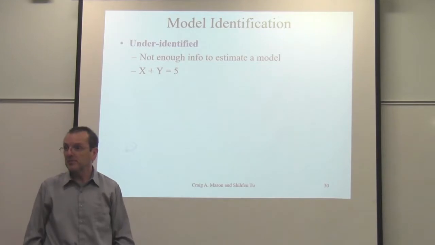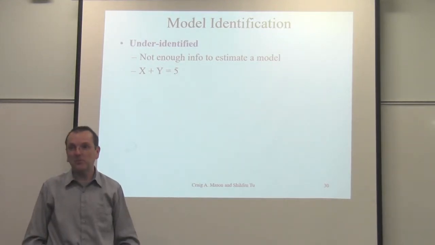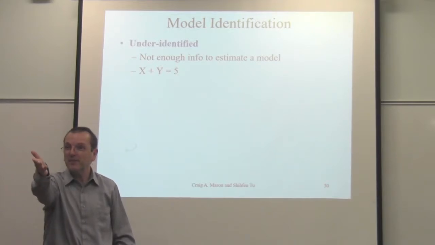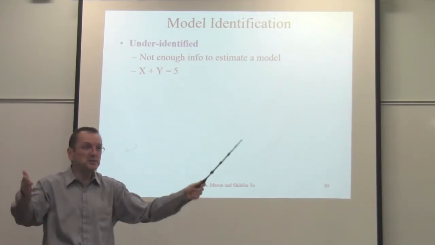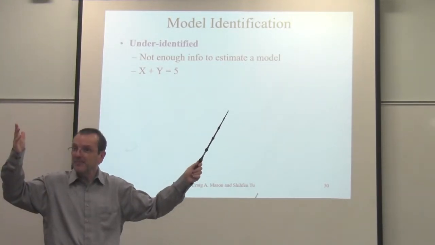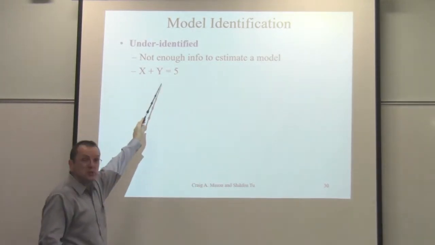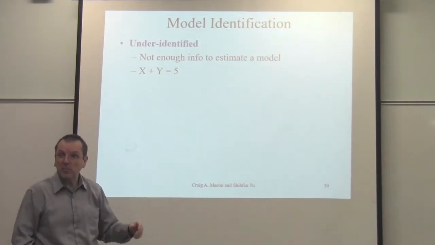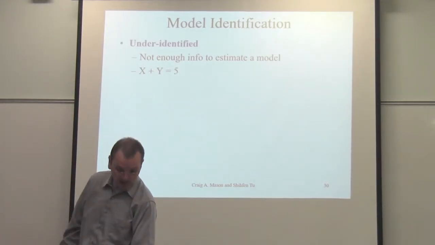What's x? It could be 3, 2, 7, anything. -50. There's not enough information. You can't solve that problem.